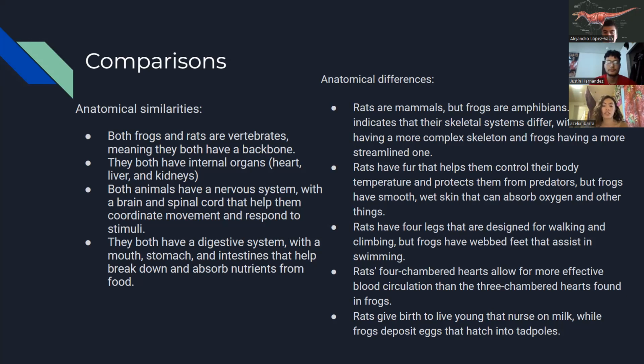And the last difference would be that rats give birth to live young, which they nourish with milk, while frogs would be the opposite, and they lay eggs that eventually hatch into tadpoles.